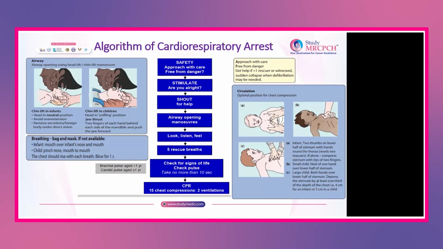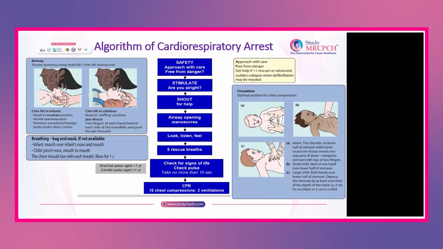We recheck for the pulse in less than 10 seconds to know if it is there or not. As we mentioned, if there is no pulse, absent breathing, or a pulse of less than 60 per minute, we need to initiate chest compressions at 15 compressions to 2 ventilations with two rescuers helping the child.